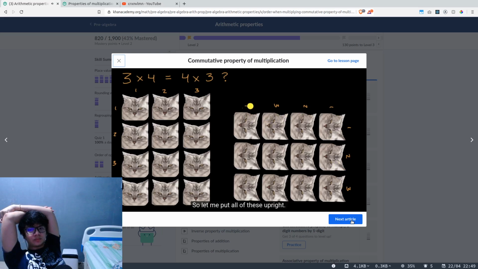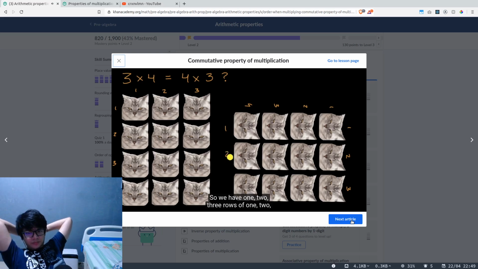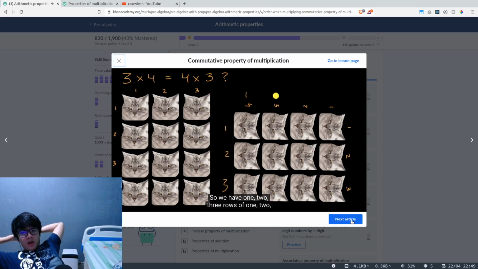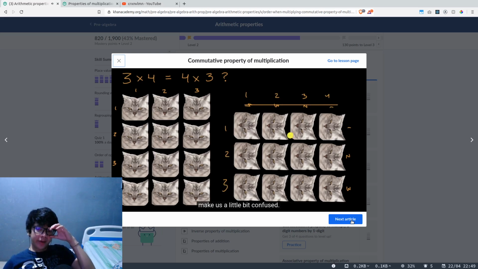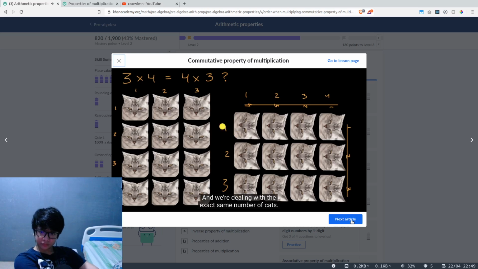So let me put all of these upright. So we have 1, 2, 3 rows of 1, 2, 3, 4 cats. Don't want to look at those because it might make us a little bit confused. And we're dealing with the exact same number of cats. And so I'm only dealing with 3 and 4 here. But what you will see is order doesn't matter when you are multiplying two numbers.